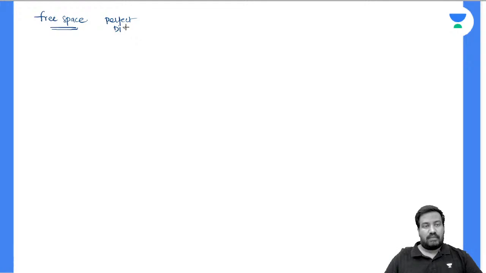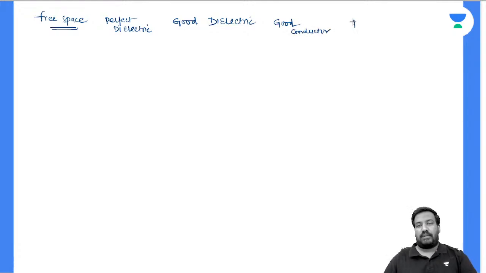Comparison. Let me start with free space, followed by perfect dielectric, good dielectric, good conductor, and perfect conductor.